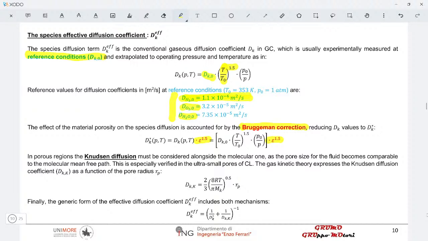But then again, we might have another phenomenon, especially for catalyst layers, where the void spaces, the pores of the porous material, become so small that they are comparable, as an order of magnitude, to the mean free path of the molecules.